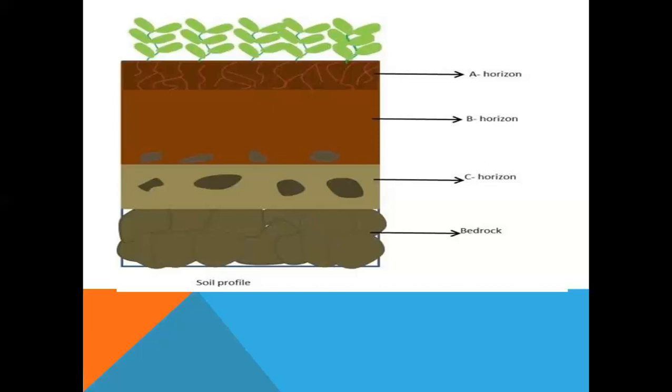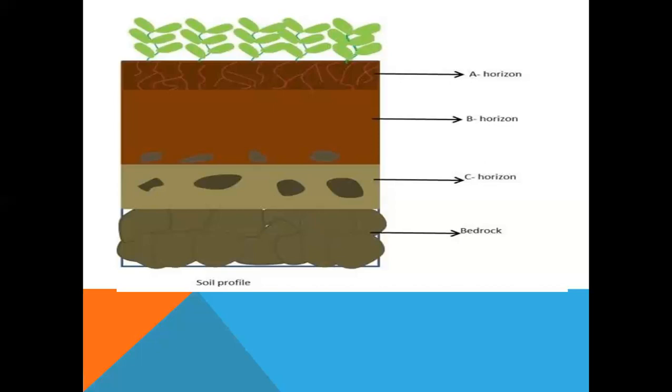The second, B horizon. It is the second layer after A horizon. It is particularly here iron and decomposed materials are found. Then after that, third layer is the C horizon.